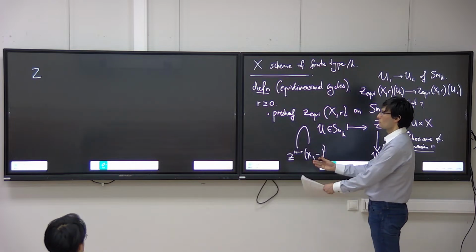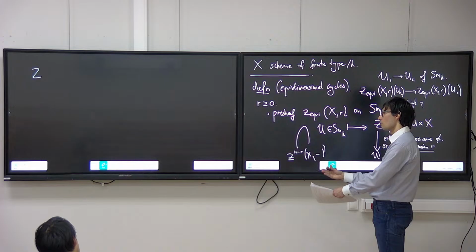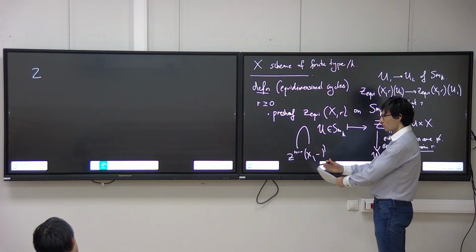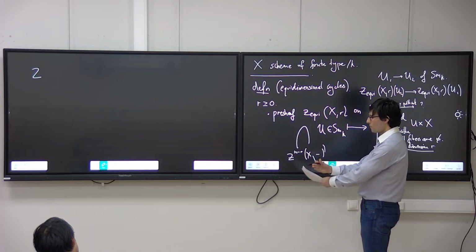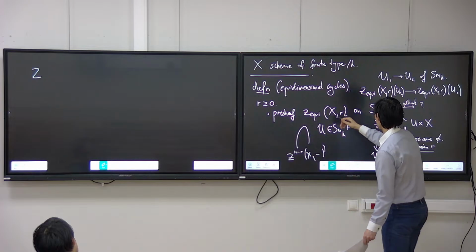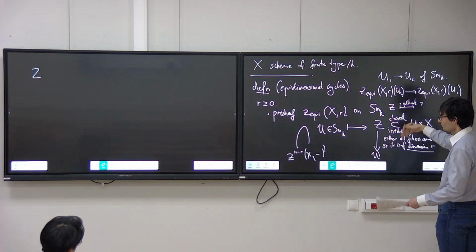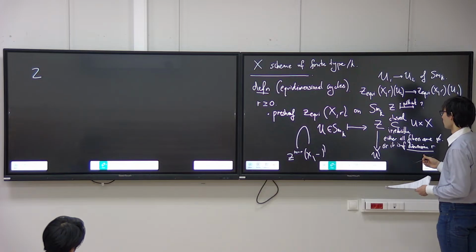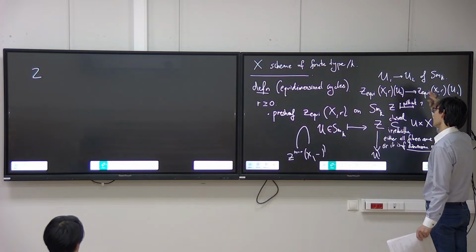But Bloch's higher Chow groups were coming from cycle complexes where we had a proper intersection along all faces, so that pullback was defined. And here it is well defined. But the details need to be written out, which I won't do, but it's an important thing to keep in mind here.